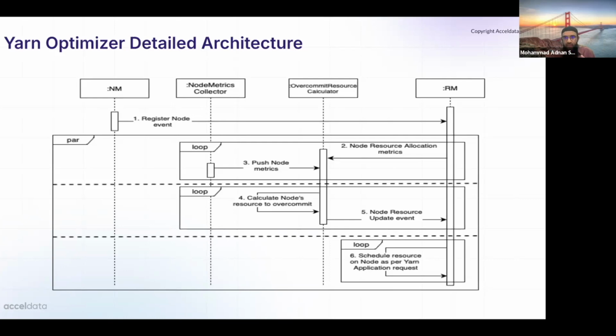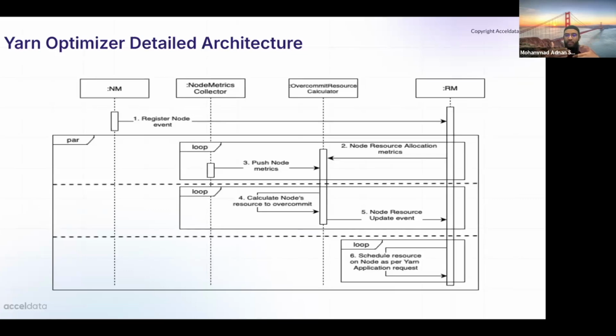So again, we'll follow the process and help you understand: the NM will register with your RM, which is an idle process, but it will register the node event. Your RM will send the node resource allocation metrics to the overcommit resource calculator. At the same time, you're getting the metrics also from push node metrics, which will continuously send what the utilization is, how the metrics are, memory utilization and CPU utilization.